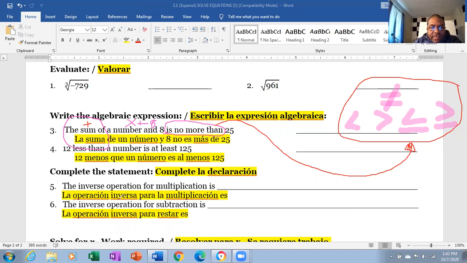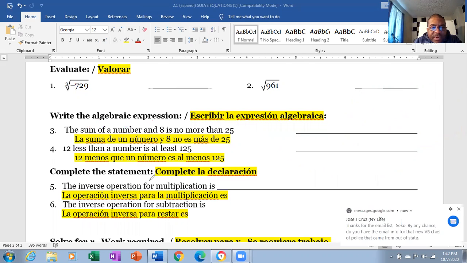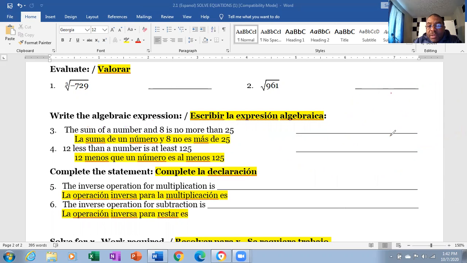And you can do the same thing. So what's the inverse operator? You can do the same thing with 3 and 4. Let's go to number 5. What's the opposite, the inverse operation for multiplication? All right, good. You know what the inverse is because we talked about this. So here's plus, the inverse is minus.